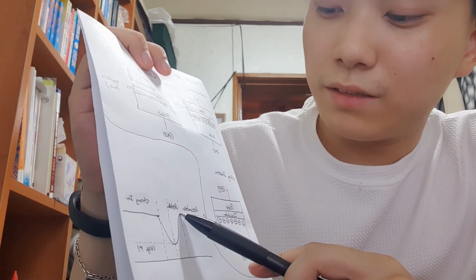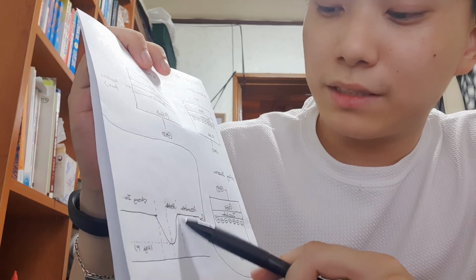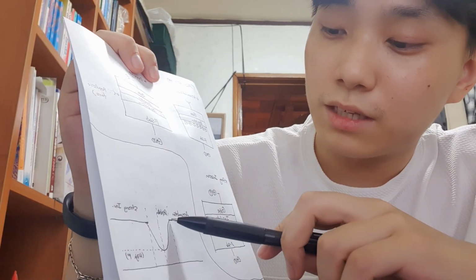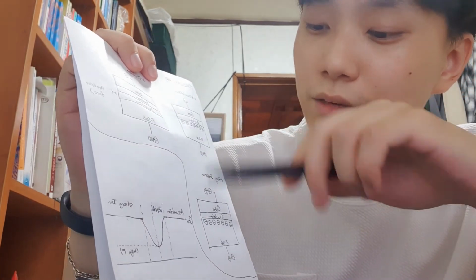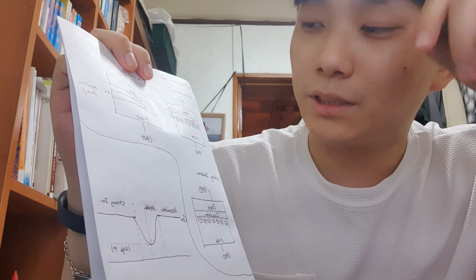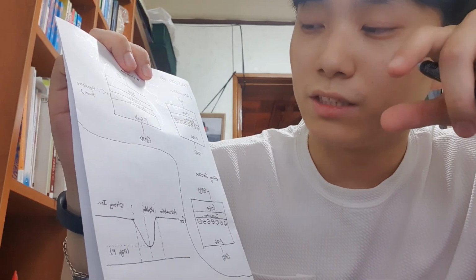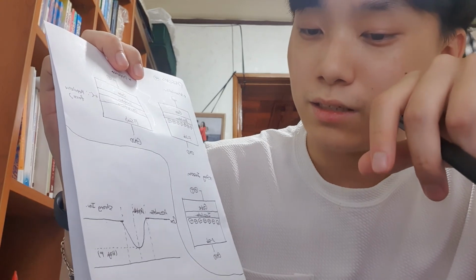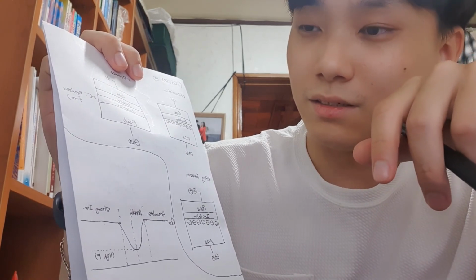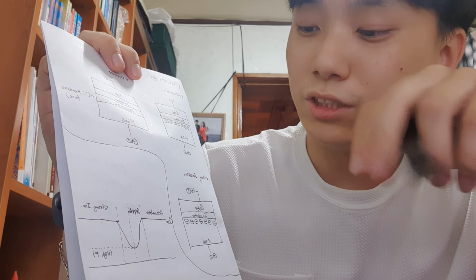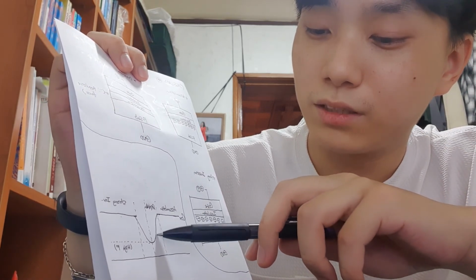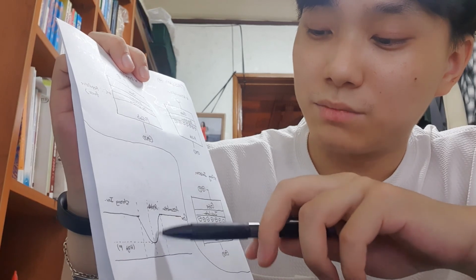But when we give some plus bias, the depletion region increases, so the depletion capacitor and insulator capacitor combine as a harmonic average, so the total capacitor becomes lower.